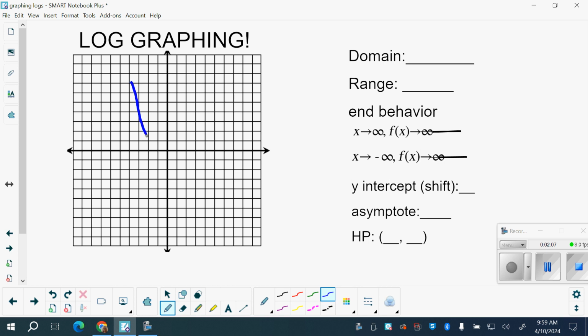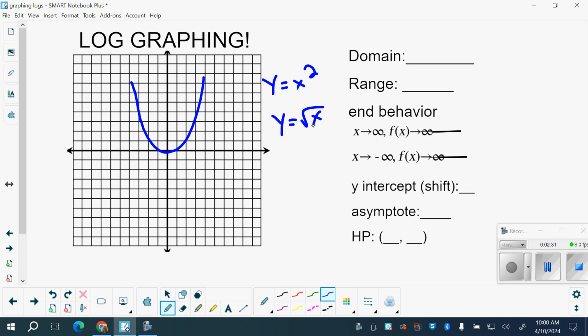Way back in the very beginning of the year, we graphed that guy, and we said that guy was y equals x squared. Yay. And then we graphed this little shooting star guy. I said, these guys are related. They are inverses. They undo each other.